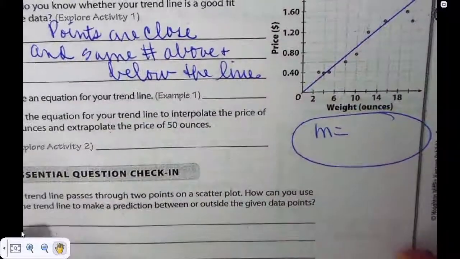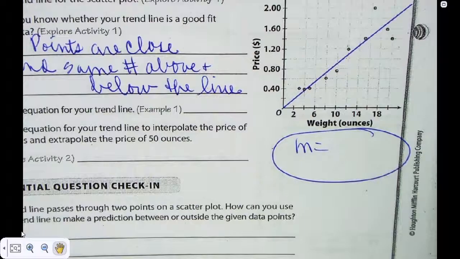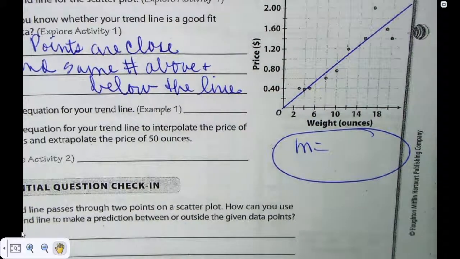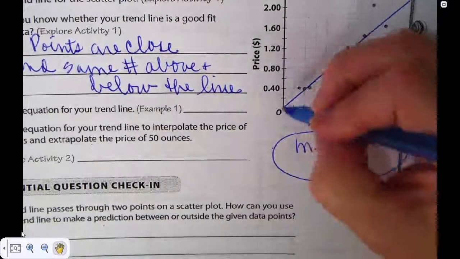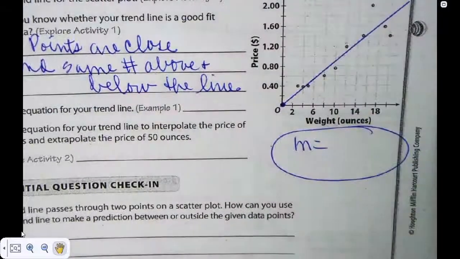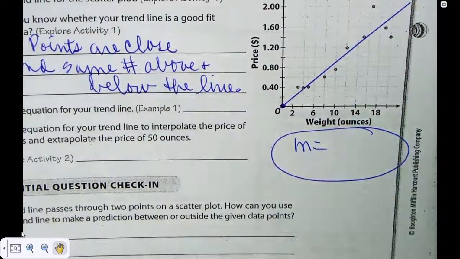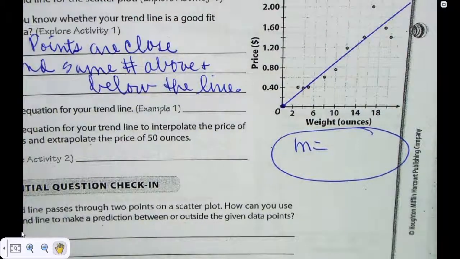The first thing I want you to do is find the slope. Find 2 points on there that are close to the intersection. Are we going to use 0, 0? Yes, we are. Everybody use 0, 0. Find another point that's at the intersection.